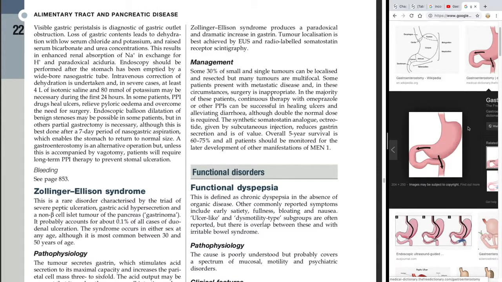And how to reduce? You either cut the vagus nerve. Vagus nerve is what increases your gastric acid secretion. You cut that off, you reduce gastric acid secretion, or you give long-term proton pump inhibitors. So you eat a pill every day to reduce your gastric acid secretion. This is to prevent ulceration over here.